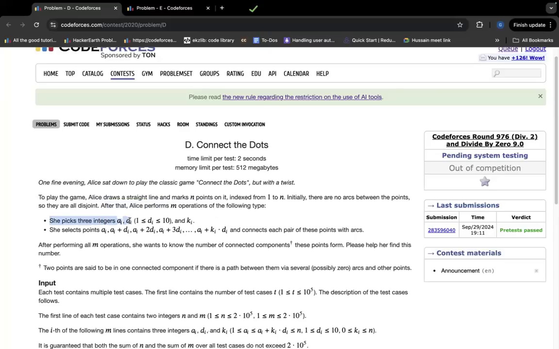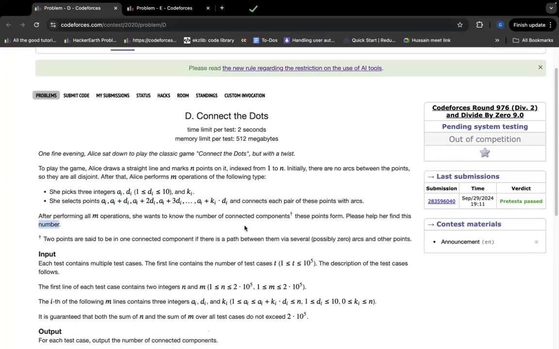She picks three integers a, d, and k. Here you can notice that d is smaller than or equal to 10. And she selects the points a, a plus d, a plus 2d, a plus 3d, and so on, and connects each pair of points with arcs. After performing m operations, she wants to know the number of connected components that these form. Help her find this number.